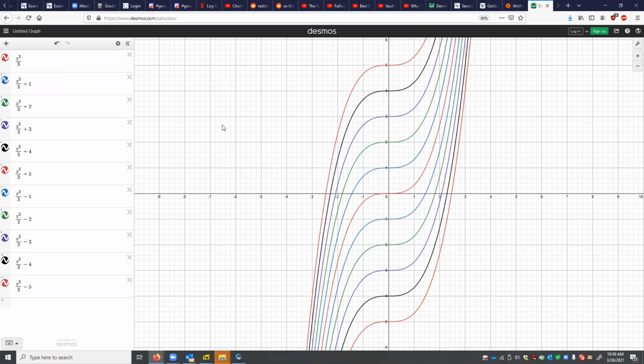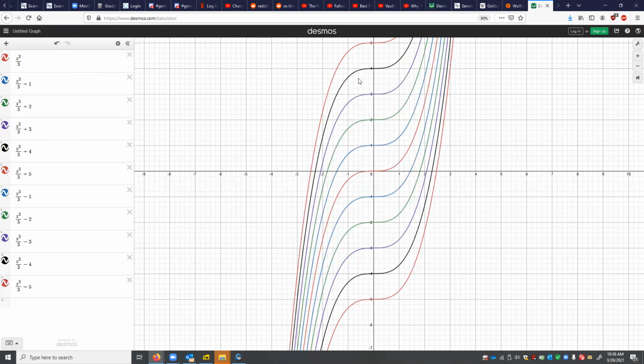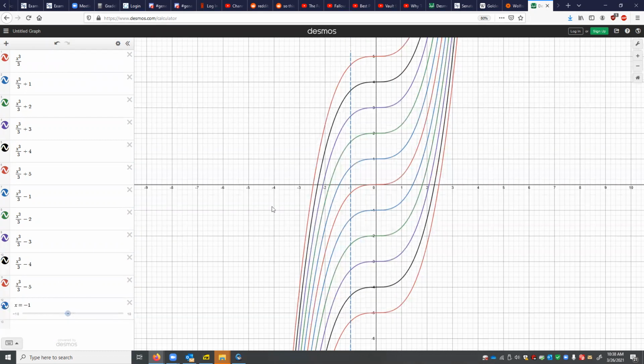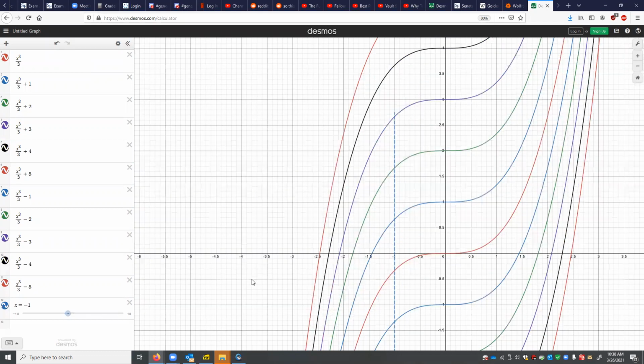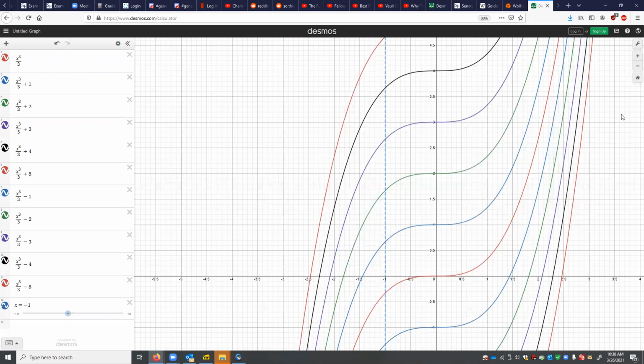And what you notice is that if you pick a particular x value, let me look at the line x equals -1, and look at the slope of your antiderivatives at any one of those points, the slopes all match.